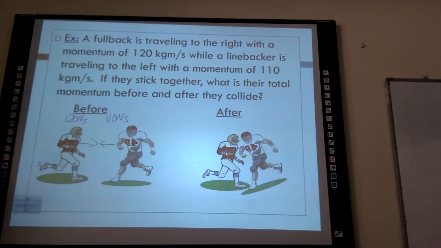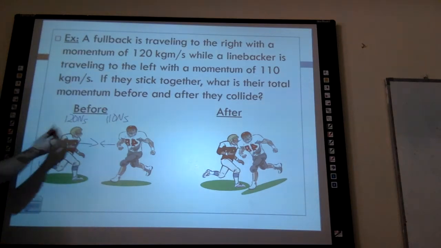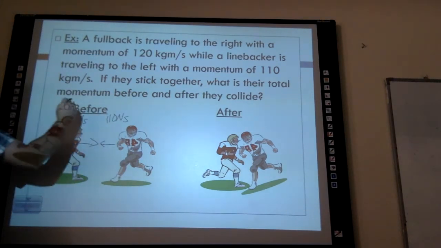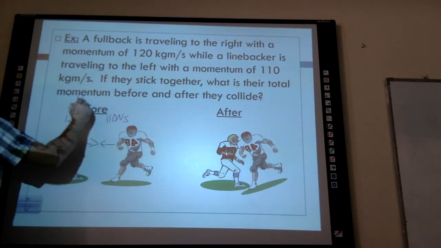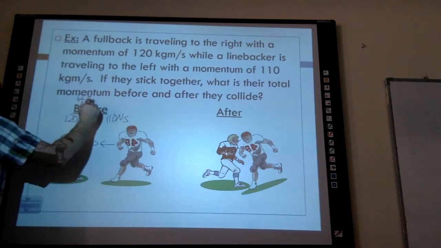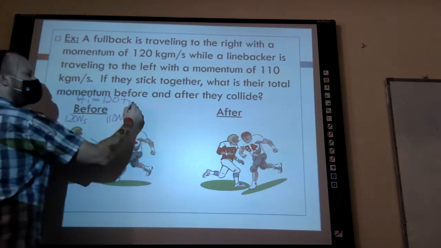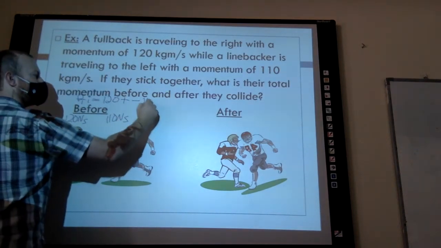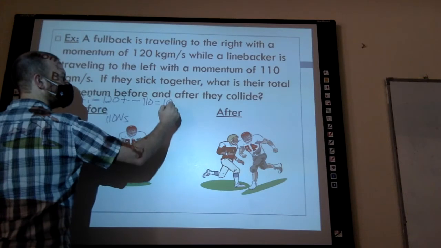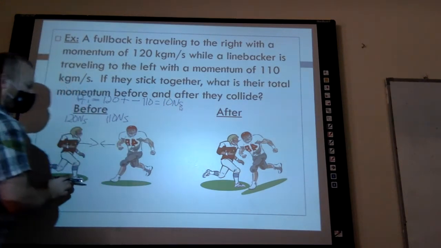If they stick together, we want to know what is their momentum before and what is their momentum after. And we're looking at total momentum. So if I wanted to figure out total momentum, I just add these two up. So momentum total initial is going to equal 120 plus negative 110. So 10 newton seconds total.